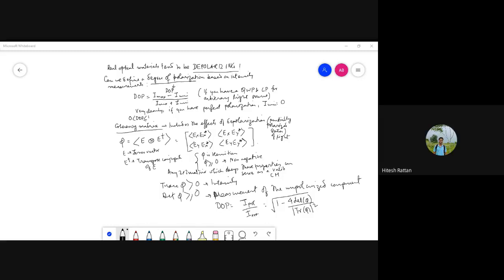Basically it means that you have the electric field vector, and the oscillation of that, the trajectory, is fixed. Exactly, that is a very important thing you said. It is fixed. So if I now take this E_x E_y star term, it will have a cos delta, and the other one, E_y E_x star, has a sine delta.